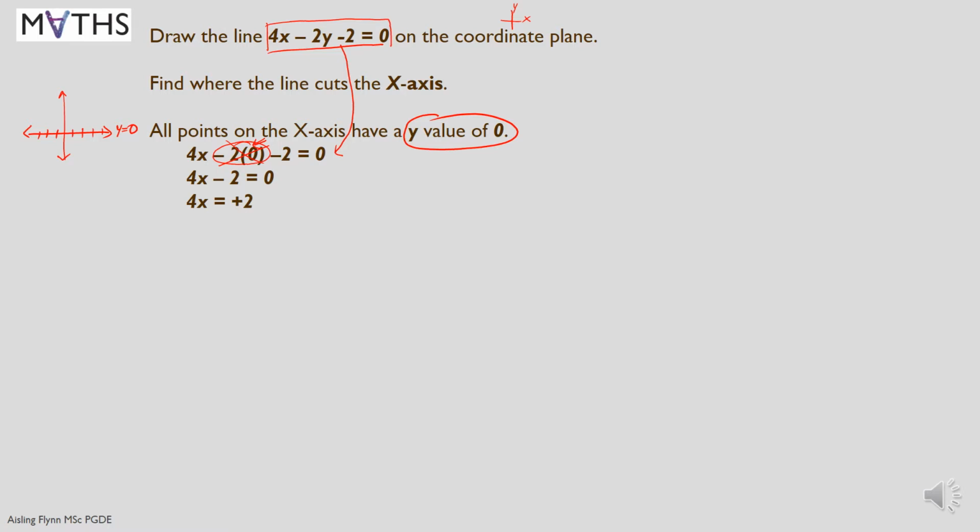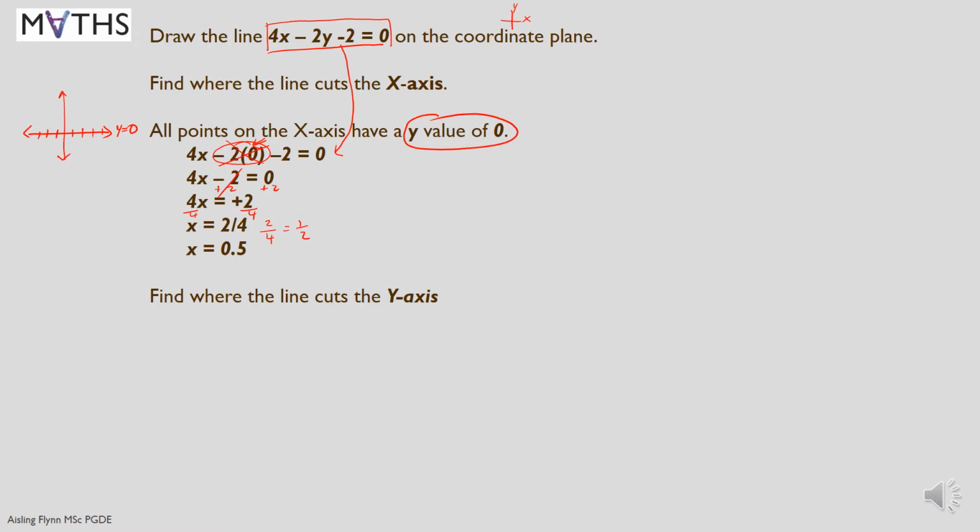We'll add 2 to both sides, if you want to write that in, and we get 4x equals plus 2. Divide both sides by 4, and we get x equals 2 over 4, if it was written one on top of the other, or a half, okay, or 0.5.